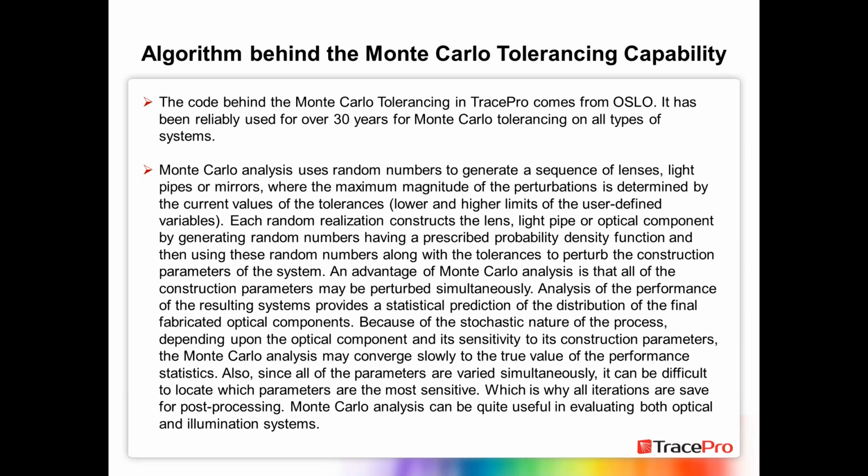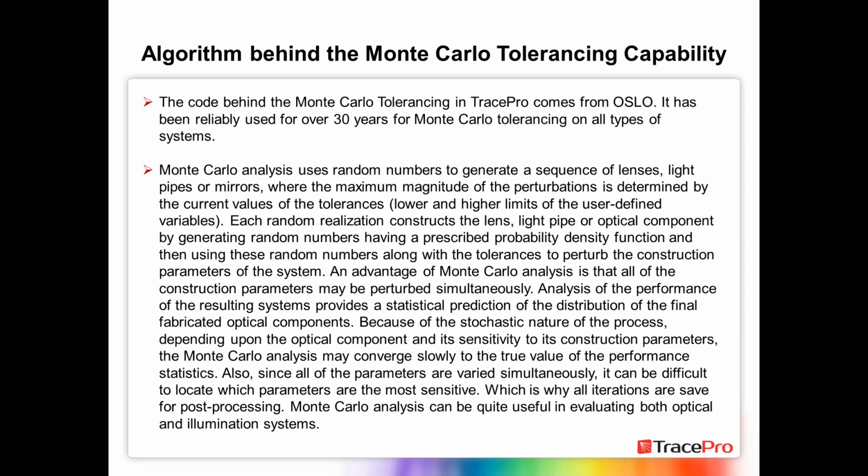So of course, you're going to want to do a lot of trials. The analysis of the performance of the resulting system provides a statistical prediction of the distribution of the final fabricated optical components as you go over time. Because of the stochastic nature of the process, depending upon the optical component and its sensitivity to its construction parameters, the Monte Carlo analysis may converge slowly to the true value of the performance statistics.